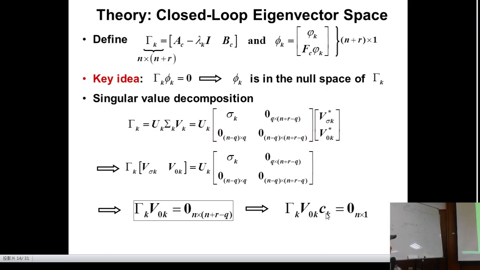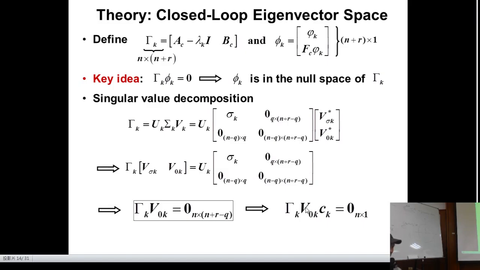Because it doesn't matter whether you multiply by ck or not, it's still 0. Except when you multiply by ck, this becomes a vector. This is the matrix, but this is a vector. ck is a vector. If this is 2 columns, ck will be 2 by 1. If this is 1 column only, ck will be a scalar.